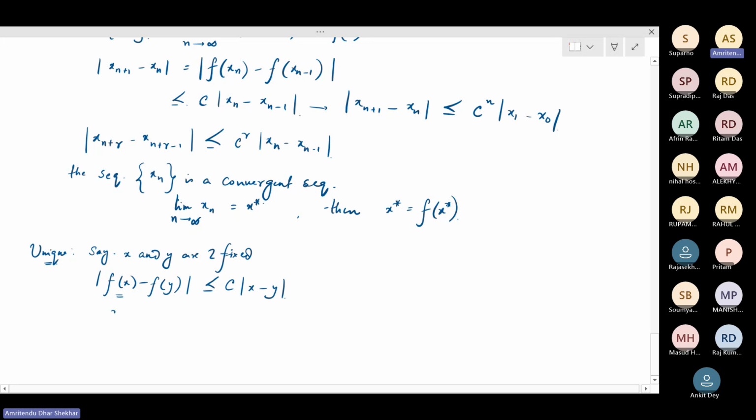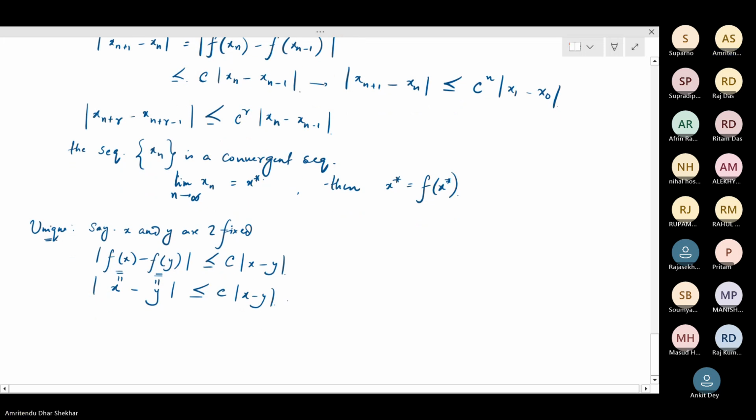But f of x is equal to x only because it's a fixed point, and f of y is equal to y because it's also a fixed point. You get the modulus of x minus y is less than or equal to c times the modulus of x minus y, which is obviously a contradiction.